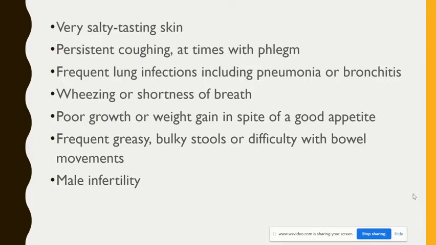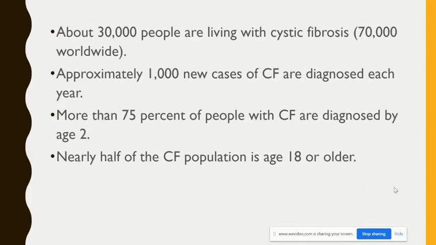It can also cause male infertility. About 30,000 people in the US have cystic fibrosis, and about 70,000 worldwide. There are approximately 1,000 new cases diagnosed each year. More than 75% of people are diagnosed by the time they're 2 years old, and half of the population is 18 or older.